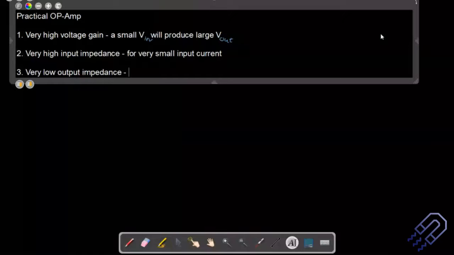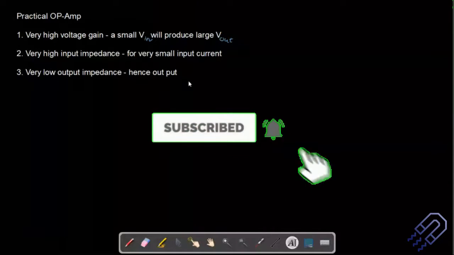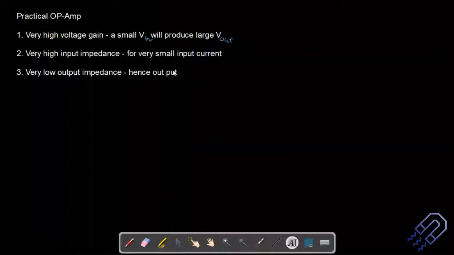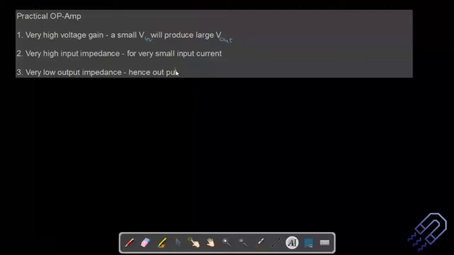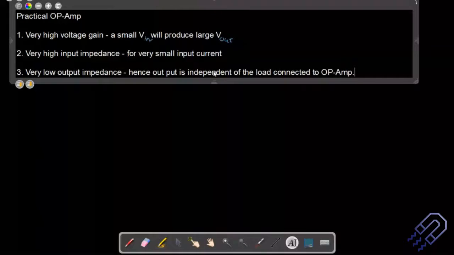If the output impedance is low, you understand that the output voltage is independent of the load connected to the output.